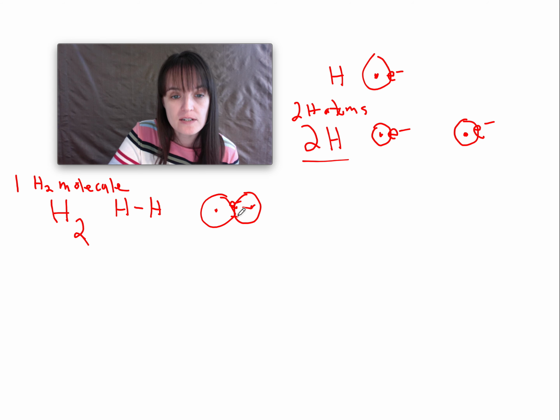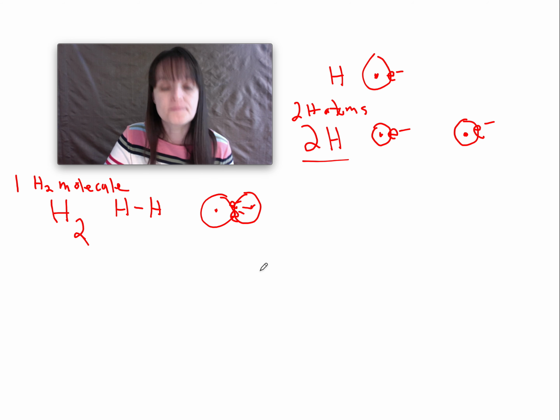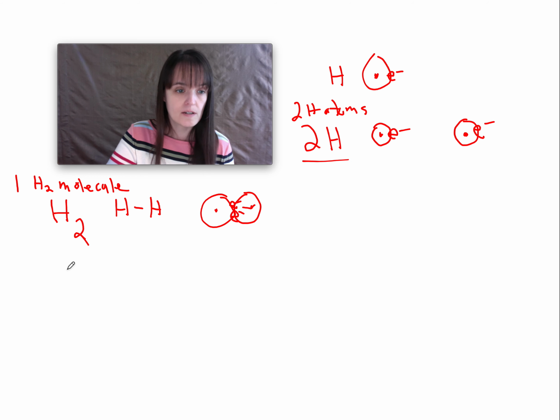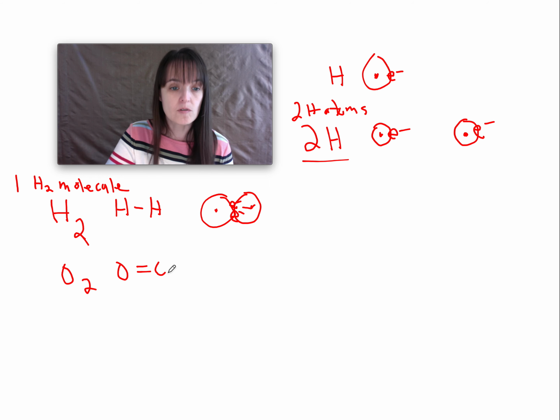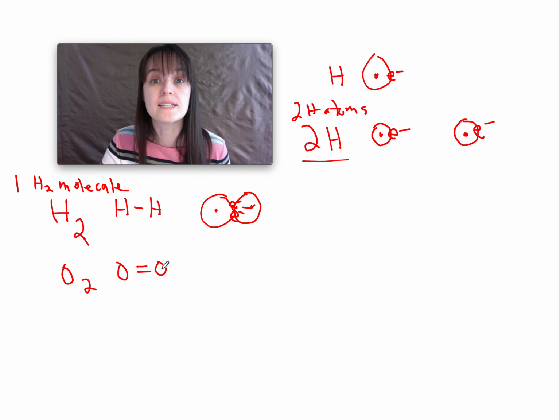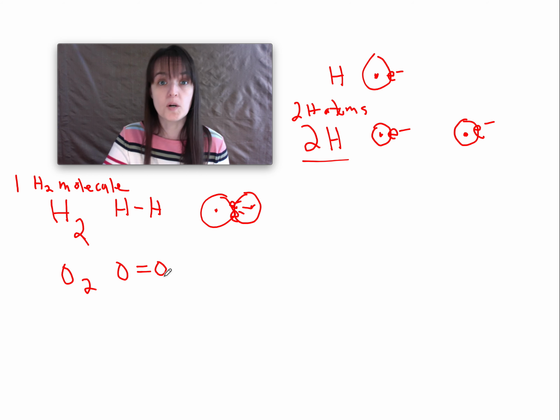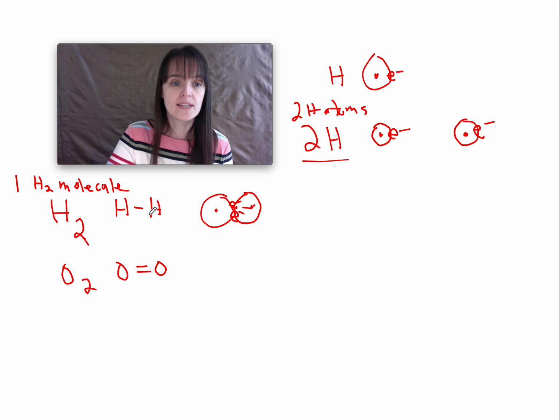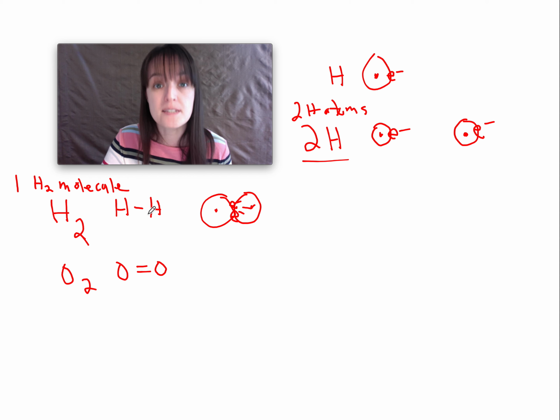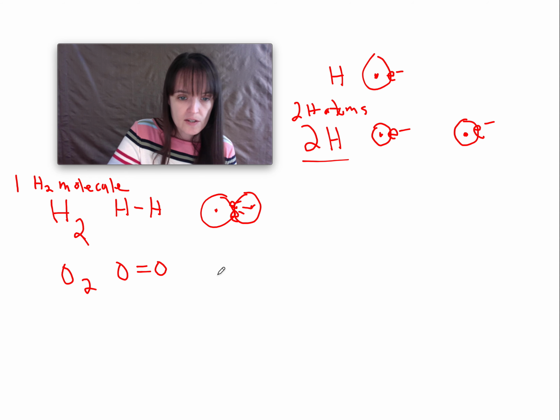so electron, electron. And then we have the oxygen, O2, and this will be written O equals O because the two lines indicate a double covalent bond sharing two pairs of electrons. This had a single line because it was a single covalent bond sharing one pair of electrons.